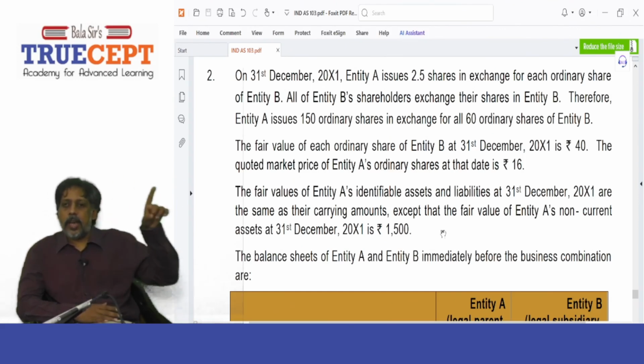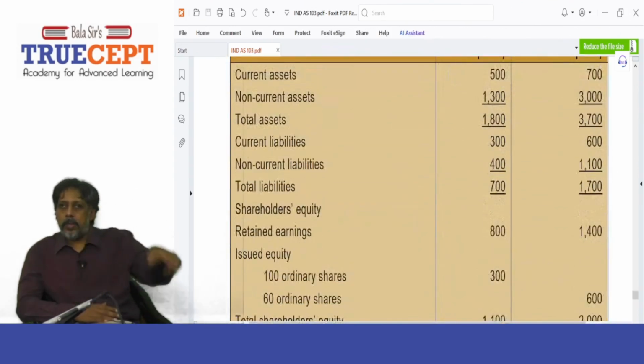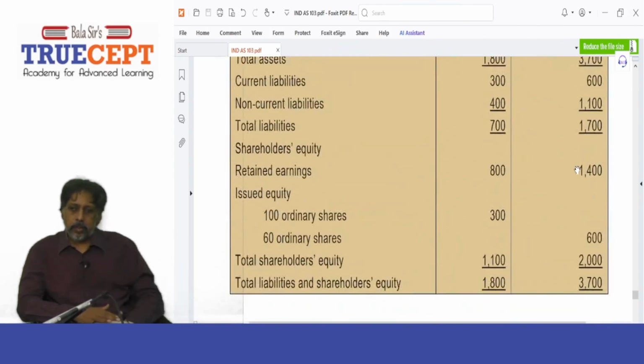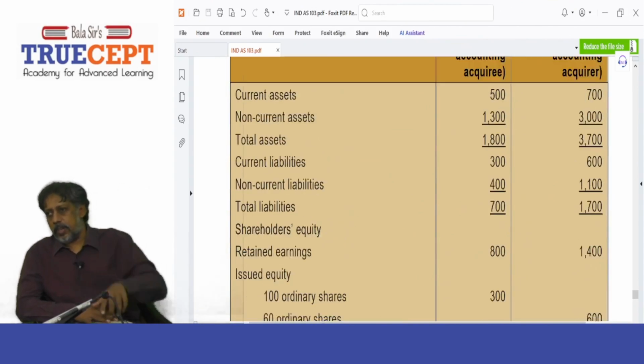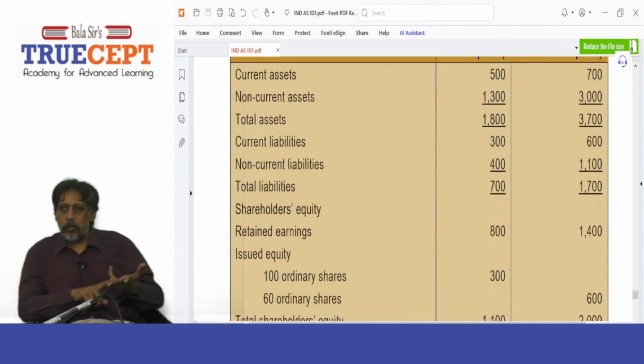What is the share capital of B Limited? It is 600 rupees, and face value is rupees 10 per share.